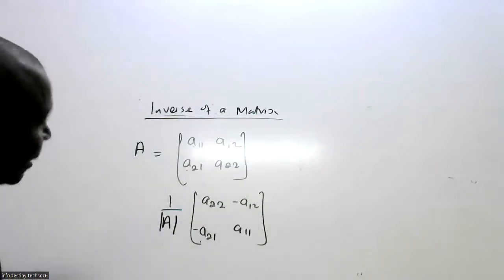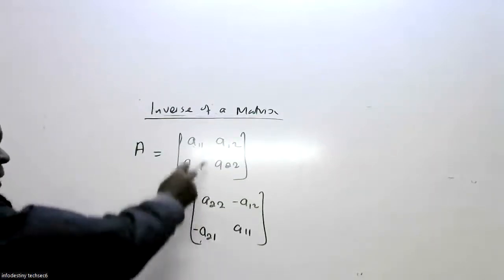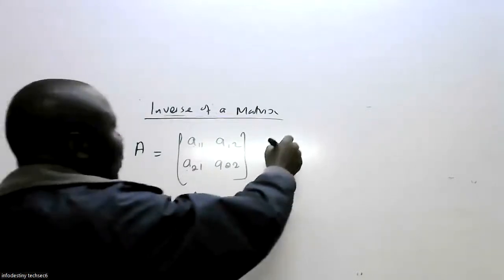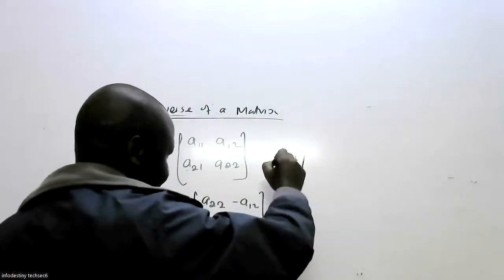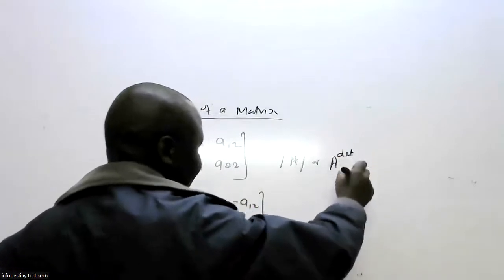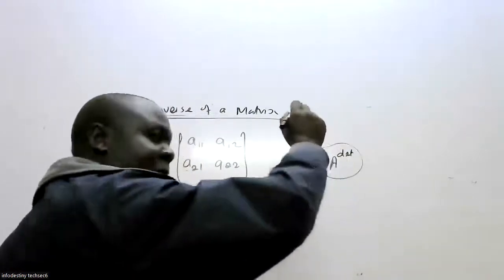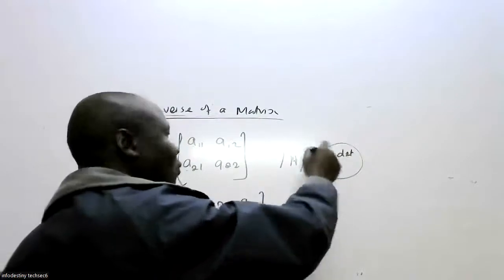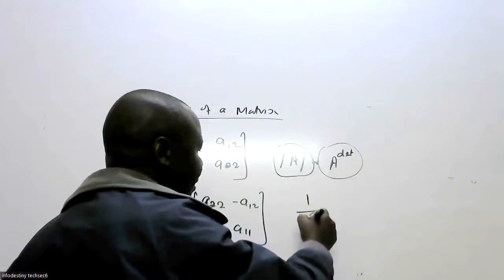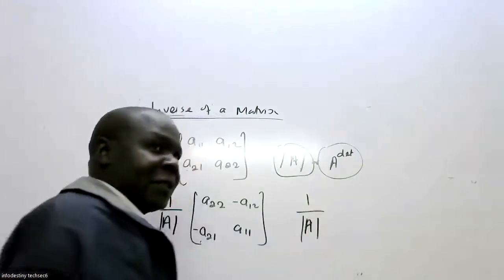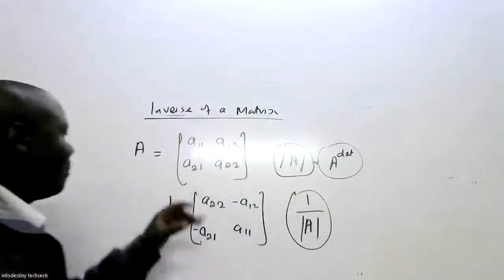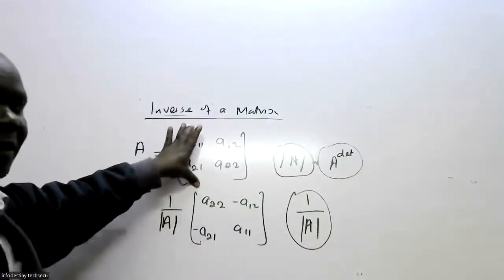Now, what I'm trying to explain is this is the original matrix. The inverse of the original matrix we always write like this, A inverse. So what's the inverse of the determinant? It's going to be 1 over the determinant. That's the inverse. So now we look at the original matrix where we found the inverse.